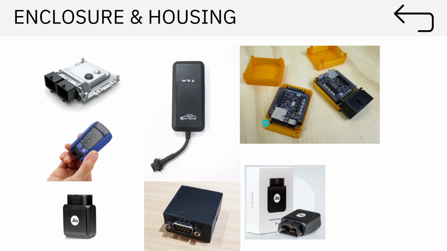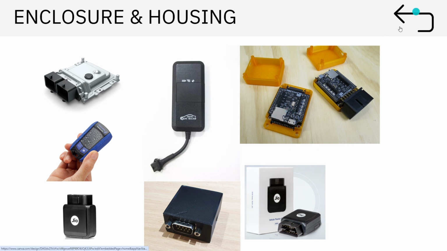We cannot go with something like this, because we need an external antenna, and you need some slot where you can insert the SD card and take that SD card out. So we need to figure that out. Maybe in the later part of this series I'll design something in FreeCAD and show you how you can have an enclosure done.